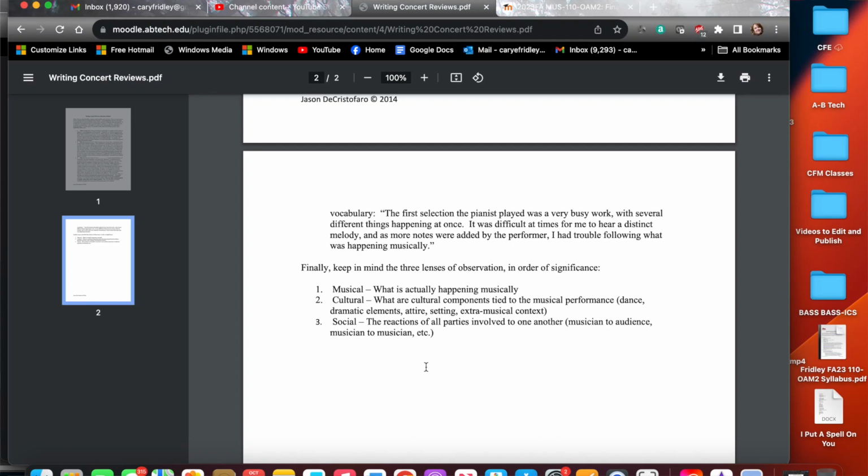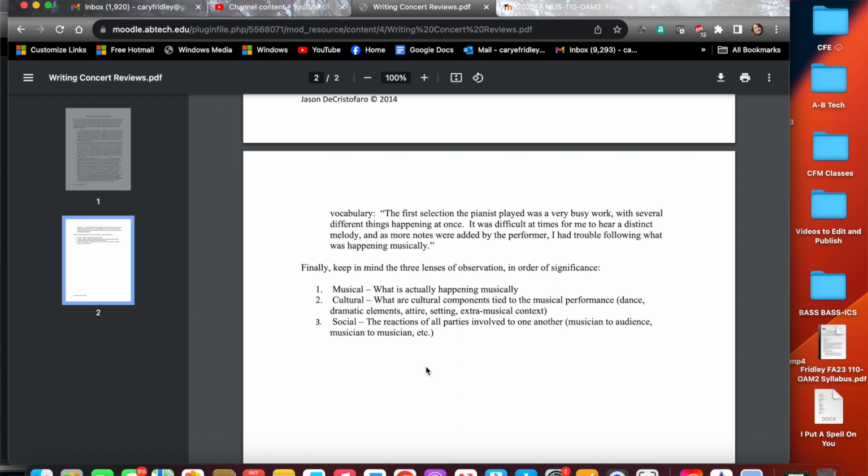Finally, keep in mind the three lenses of observation in order of significance. The musical lens, what is happening musically. The cultural lens, what are cultural components tied to the musical performance, like dance, dramatic elements, attire, setting, extra musical context.